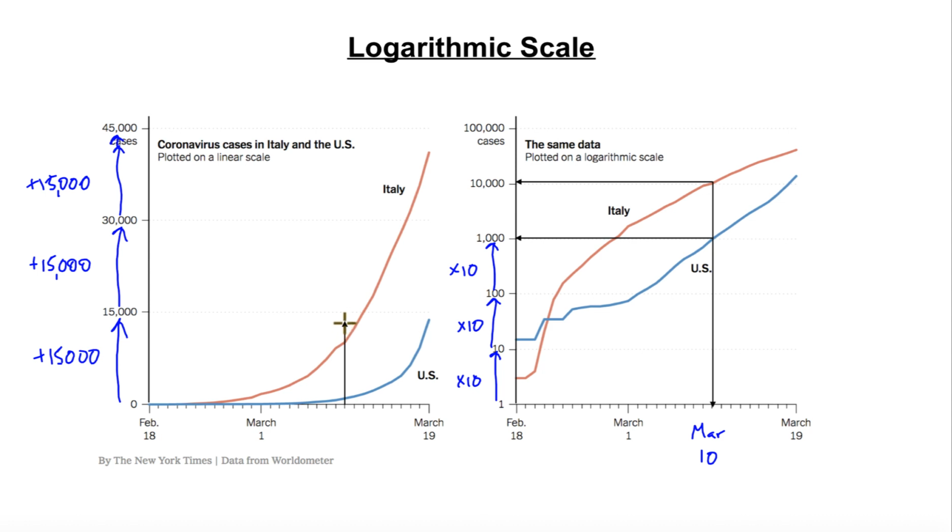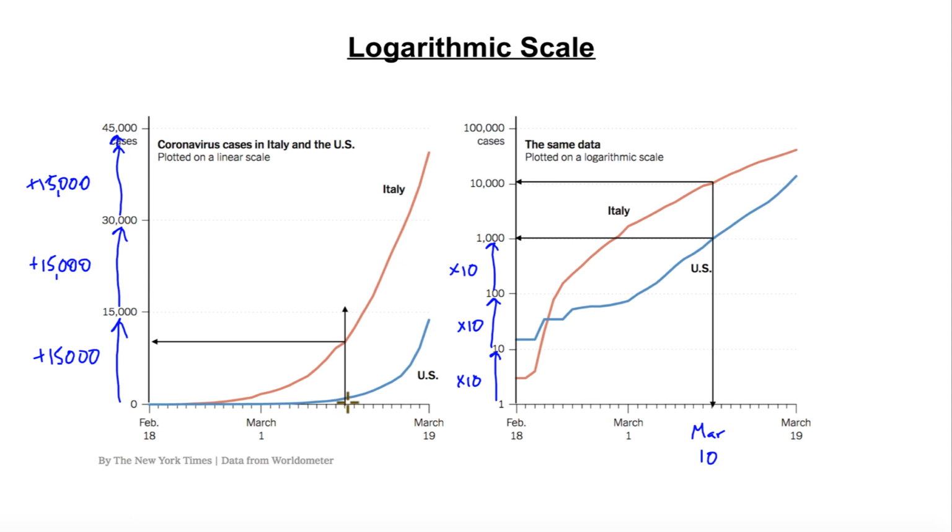If I go up until I hit both curves, and go across for Italy to my vertical axis, it looks like I'm roughly 2/3 of the way up this distance from 0 to 15,000, which would be about 10,000, the same number we get here for Italy.